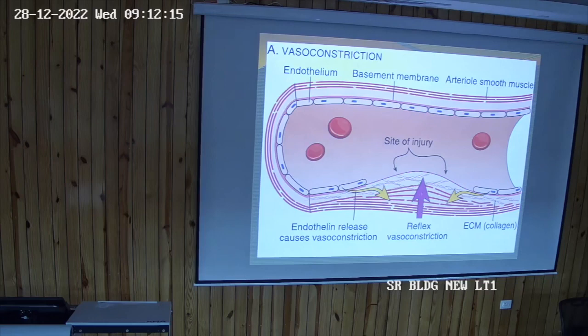This comes in when the collagen is getting exposed. When the collagen gets exposed, the von Willebrand factor combines with the receptor present on the platelet, that is glycoprotein 1B. You have to remember the names of these things, 1B, 2B, 3A. These are a few basic important things that have to be remembered.